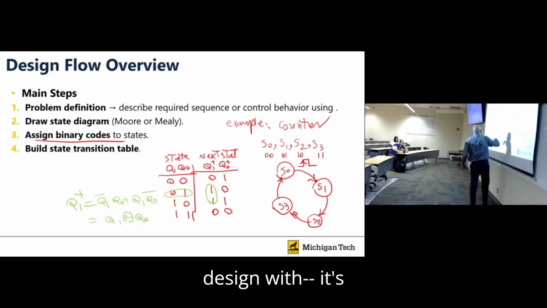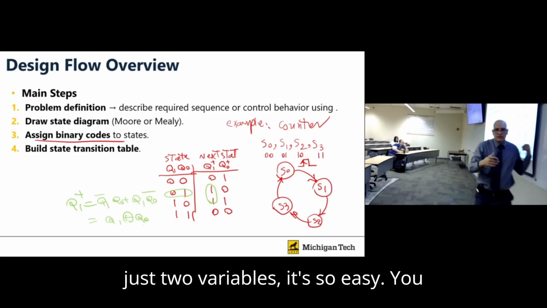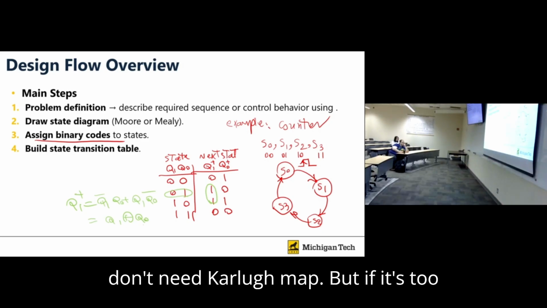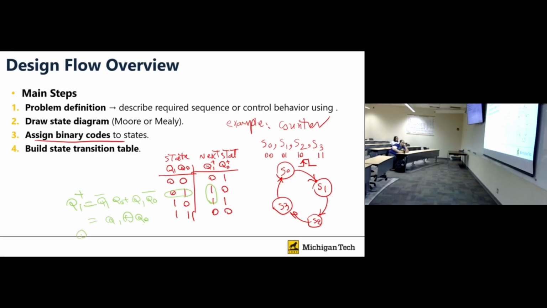If it's just two variables, it's so easy. You don't need a Karnaugh map. But if there are too many, we can use a Karnaugh map too. And what about Q0 plus? It is Q1 bar Q0 bar plus Q1 Q0 bar.